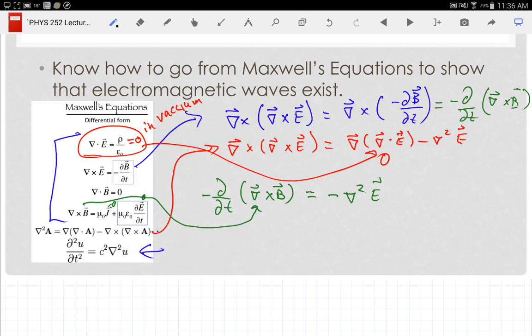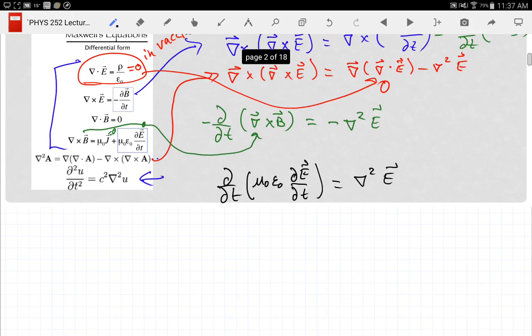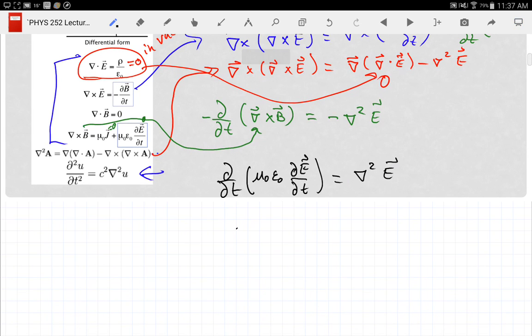I can multiply both sides by minus 1. d dt of mu naught epsilon naught dE dt is equal to del squared E, or voila, d second E dt squared is equal to 1 over mu naught epsilon naught del squared E.